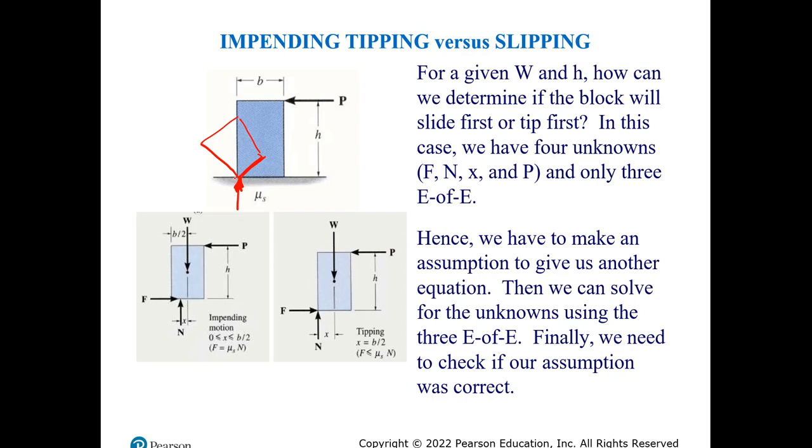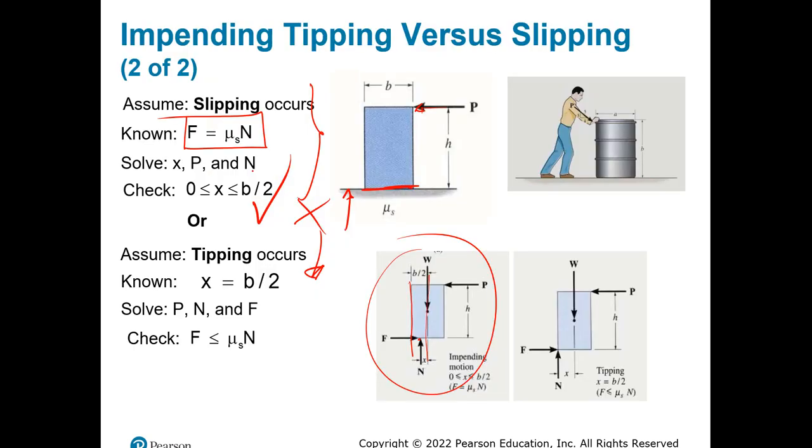When this is about to tip, or when it's tipping, it'll tip about this point right here. Therefore, that's the only point in contact between the two bodies, and therefore your normal force will be located at the end.